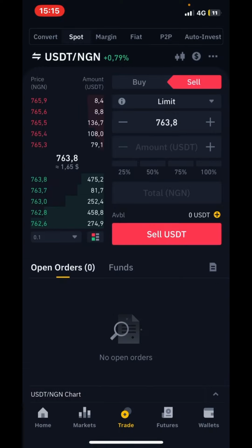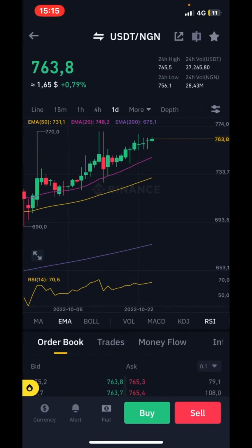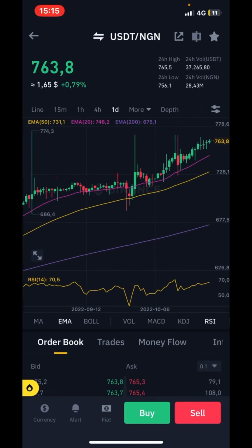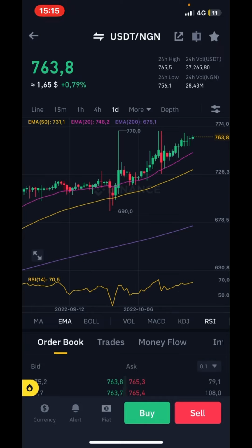Then come here to sell. So this is what I want to show you guys in selling. You need to come here to this bar button here, this to look up the chart. You see, technically this is going to break. This 1, 2 is going up.